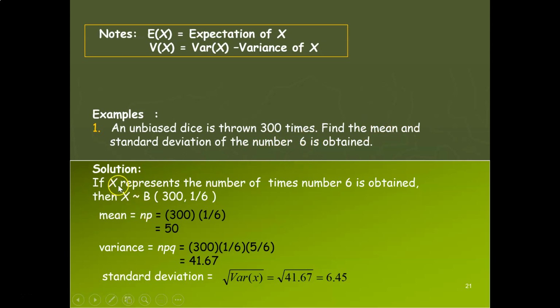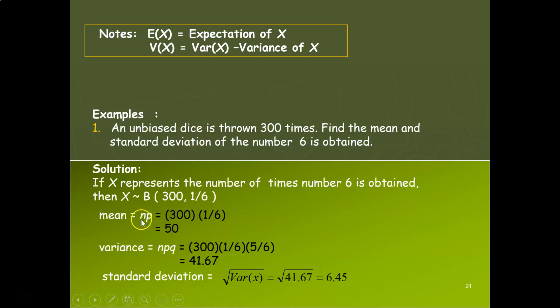At first you need to let X represent the number of times 6 is obtained. That is your event or your random variable. So X follows the binomial distribution with n equal to 300 and the probability of getting 6 is 1 over 6. Why 1 over 6? Because a dice has 6 surfaces. Ada 6 permukaan untuk dadu biasa. So you get 1/6.